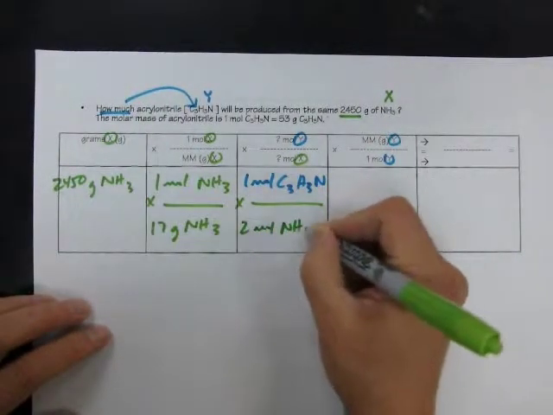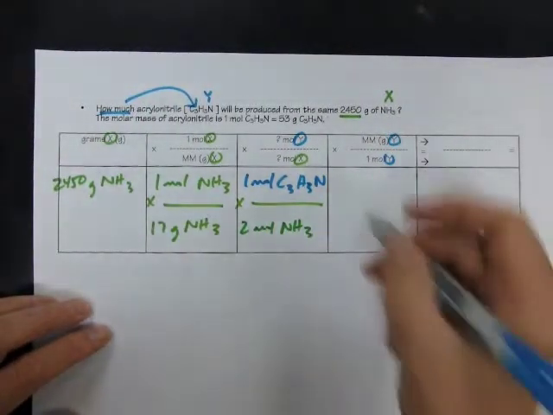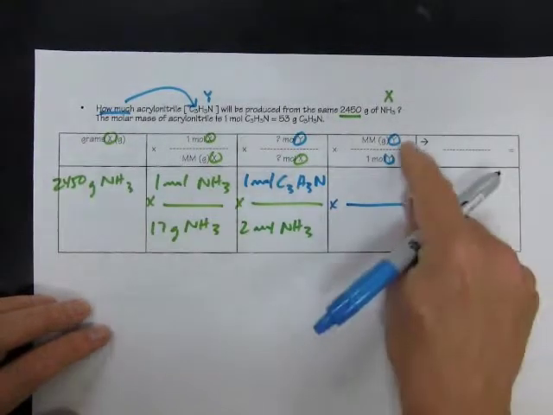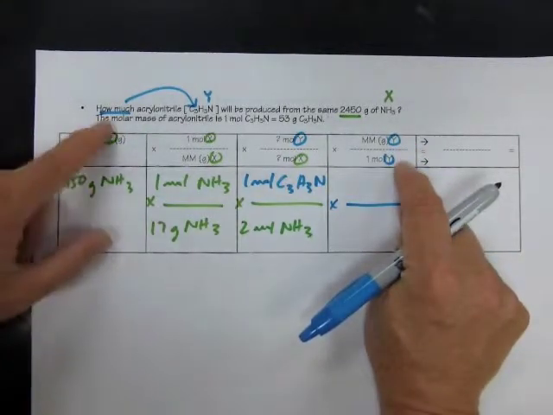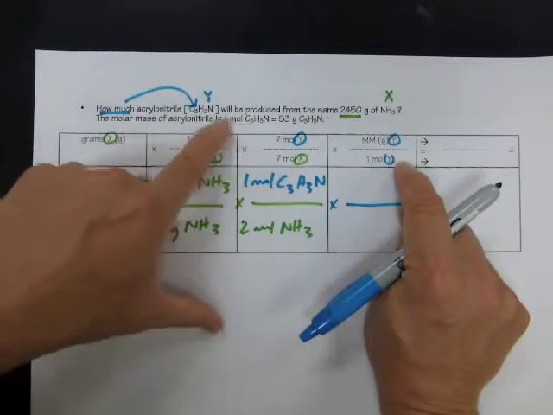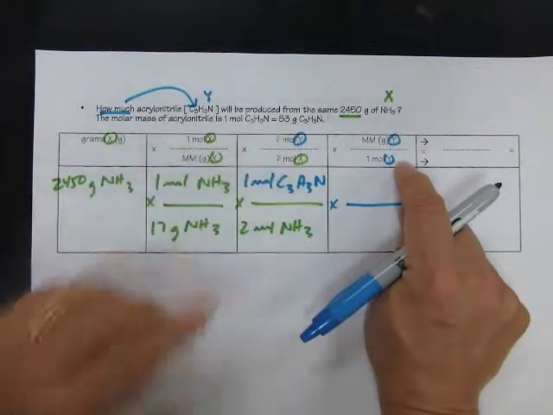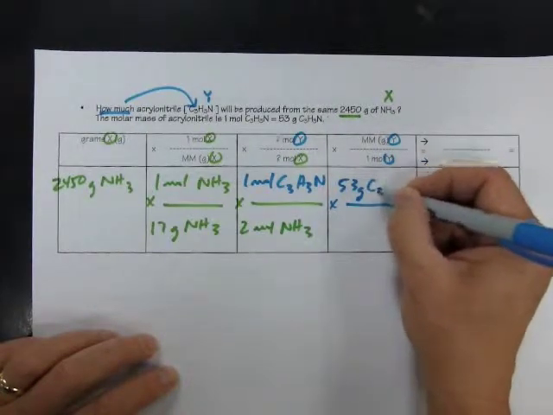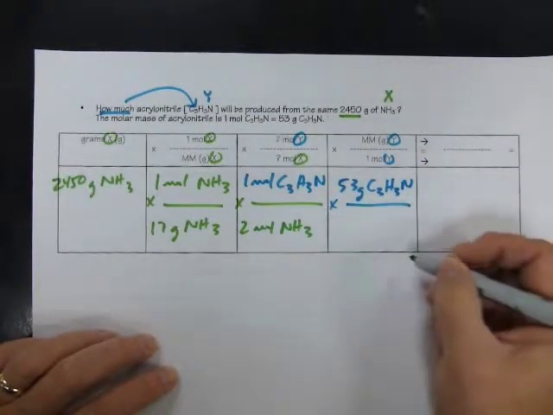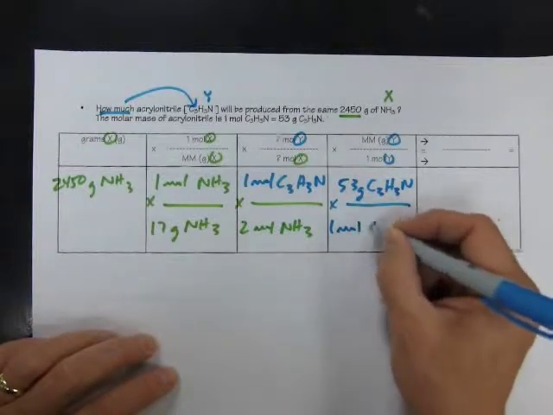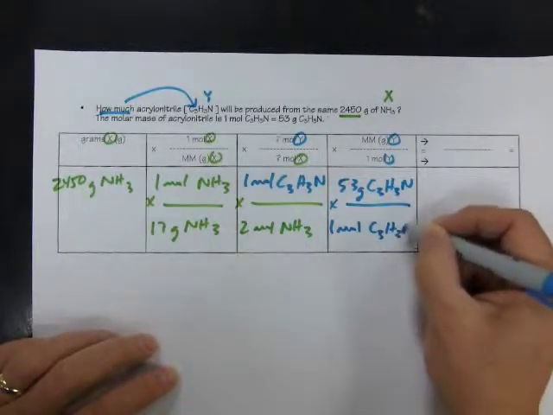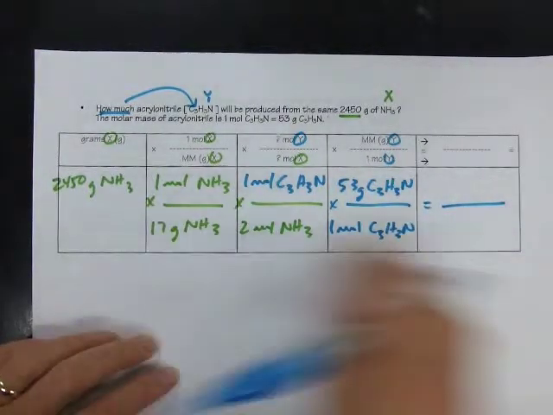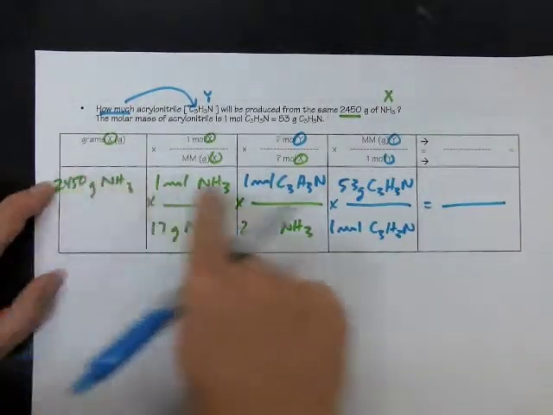of ammonia. And then the last step, I need to know the molar mass of that acrylonitrile, and it's given to me right here. 1 mole of it equals 53 grams. So on the top I'll write 53 grams of that formula. And on the bottom, 1 mole of that formula. Now I'll let you finish off the problem by multiplying across the top.